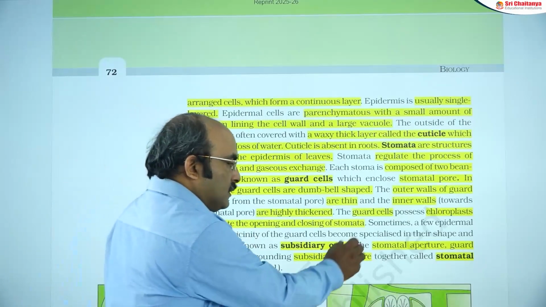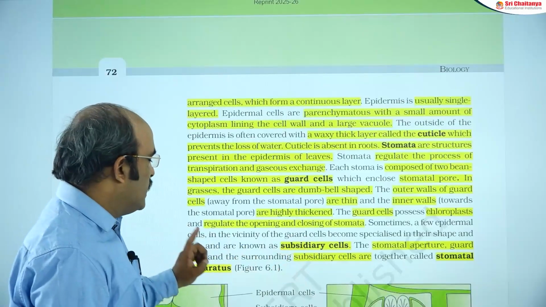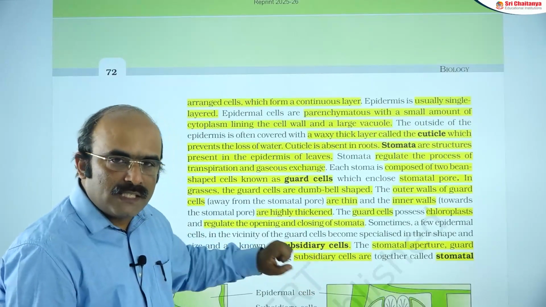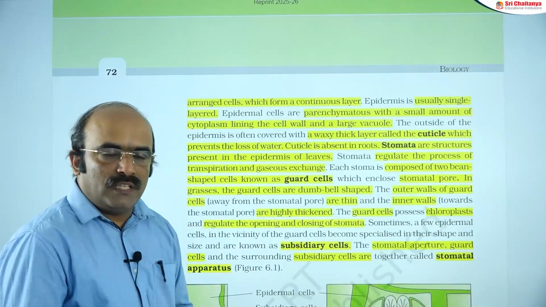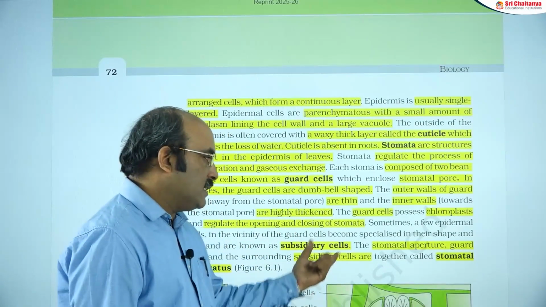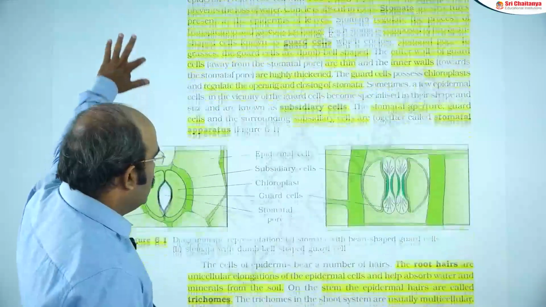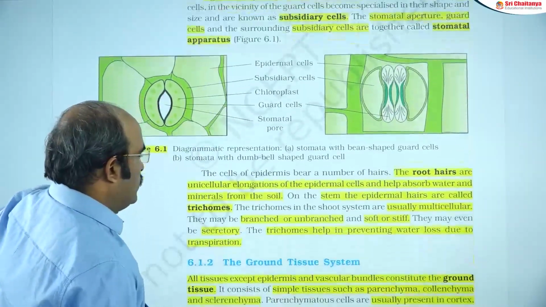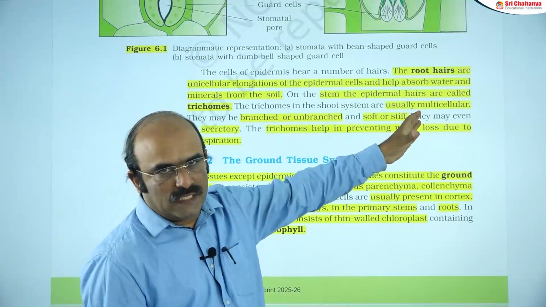Now the guard cells are surrounded by specialized cells which are known as subsidiary cells. So the stomatal apparatus is composed of three things: the guard cells, the surrounding subsidiary cells, and the stomatal aperture. Now the other important point is with regard to the epidermal hairs.